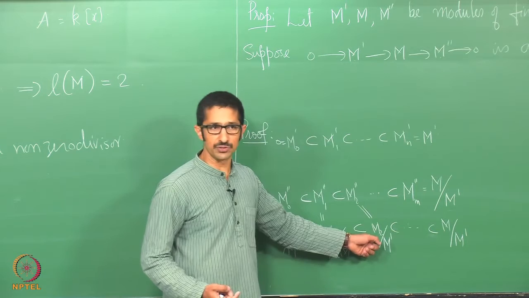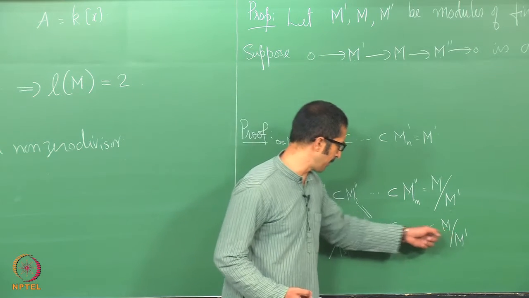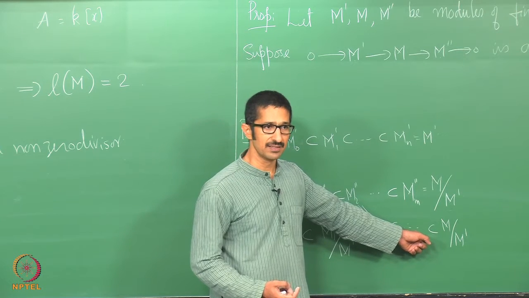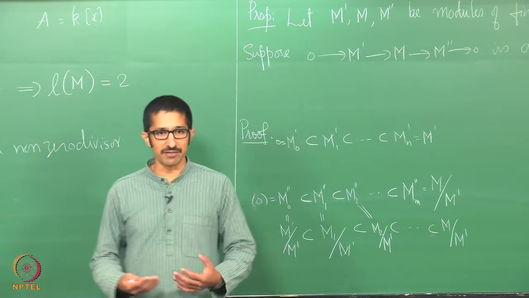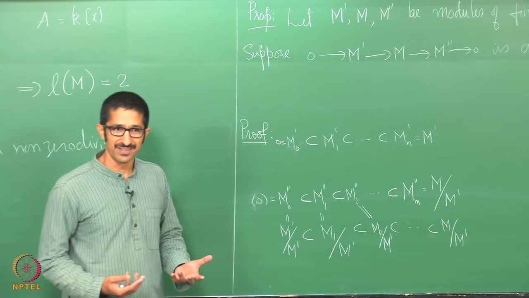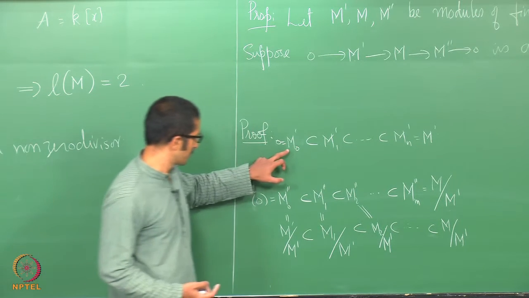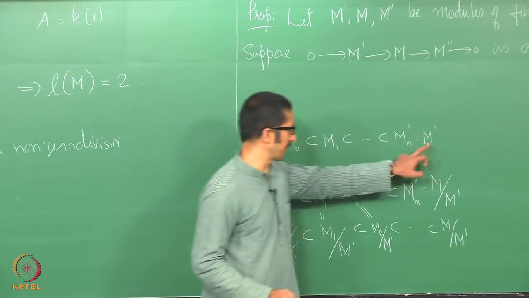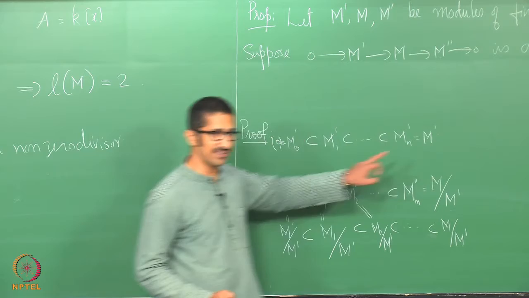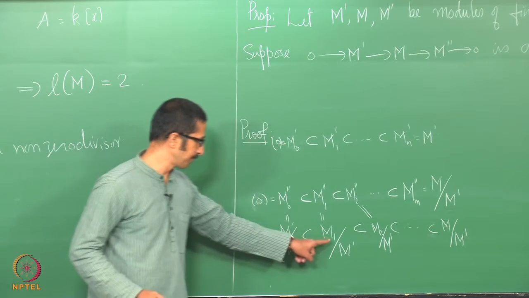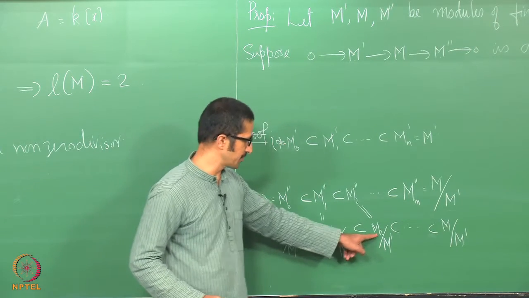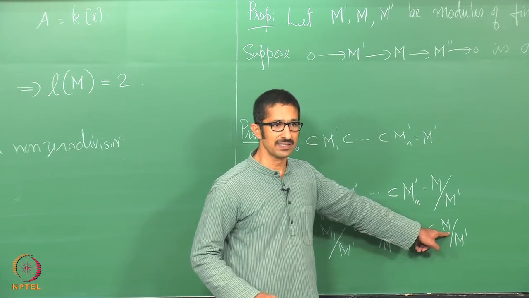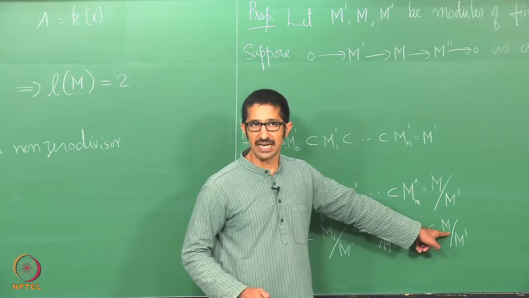Similarly, M3 mod M2 is simple, up to M mod Mm minus 1 is simple. So what does that give you now? You start with 0, go up to M prime, from there you jump to M1, M2 and so on up to M. That will be a composition series for M.